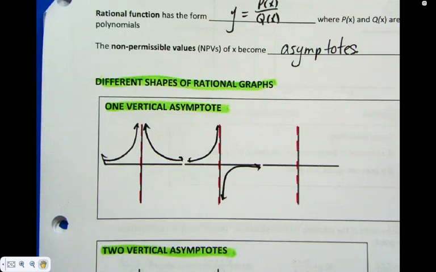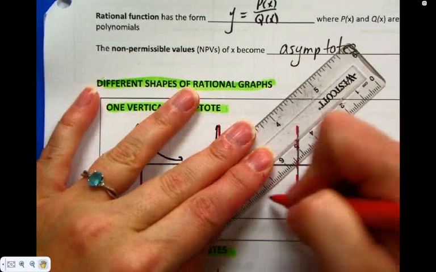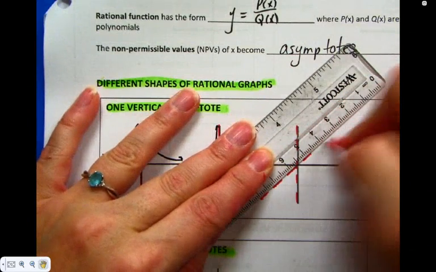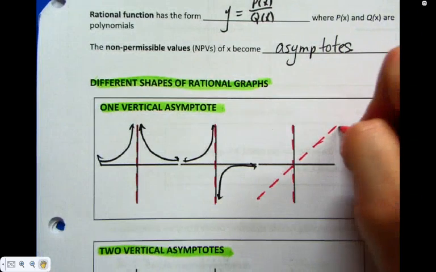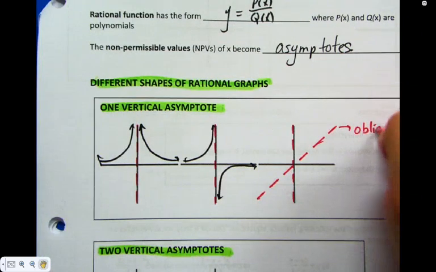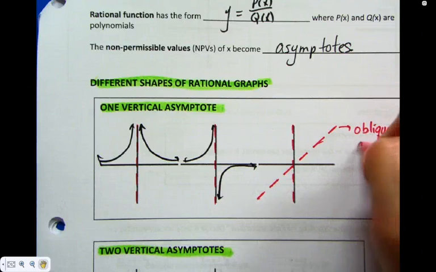The second variation, or the third one vertical asymptote graph, we did not show you last year because it would have freaked you out. It also has what's called an oblique asymptote, which just means slanted. So this is called oblique asymptote.